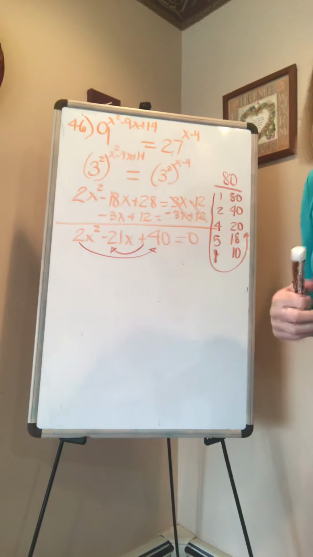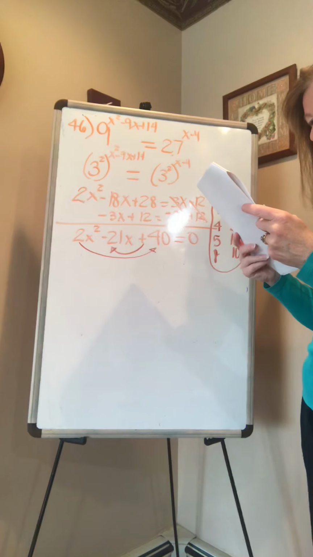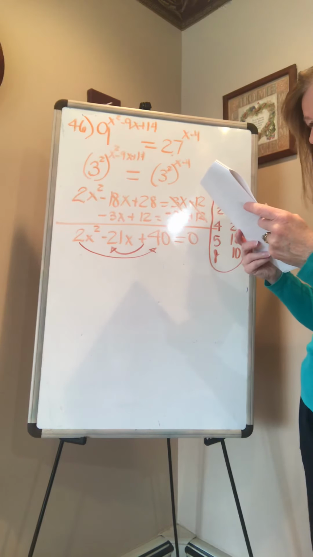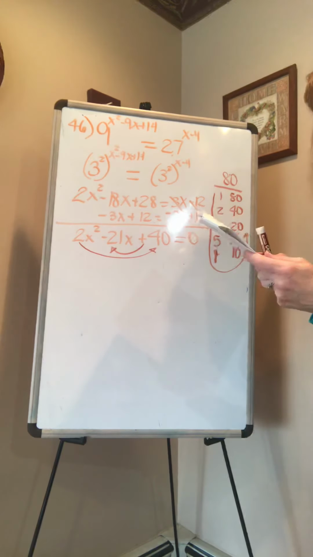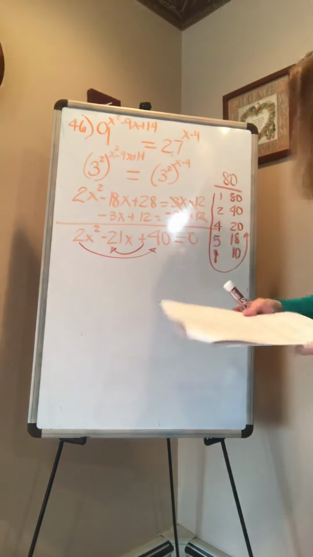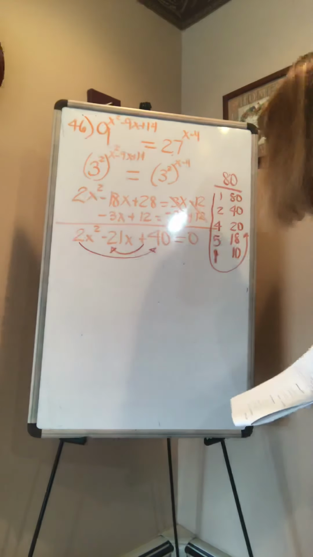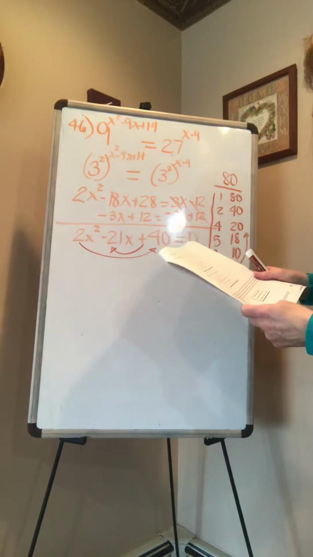So at this point, I would have to use the quadratic formula. I would have thought that they would have given us one that would have worked nicely. 5 and 16 add up to 21, but 5 and 18 add up to 23.